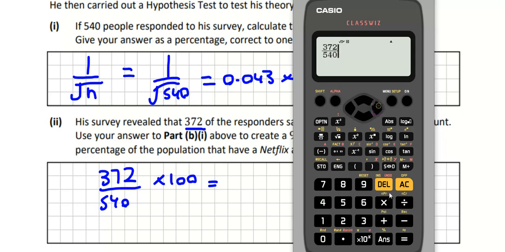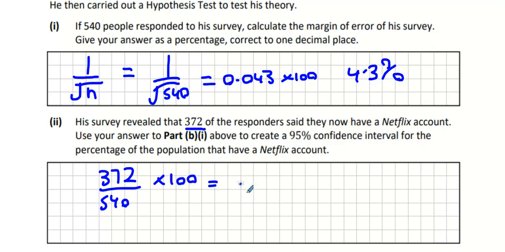We're going to multiply that by 100 to turn it into a percentage. And we get 68.9%. 68.9% of people now have a Netflix account.